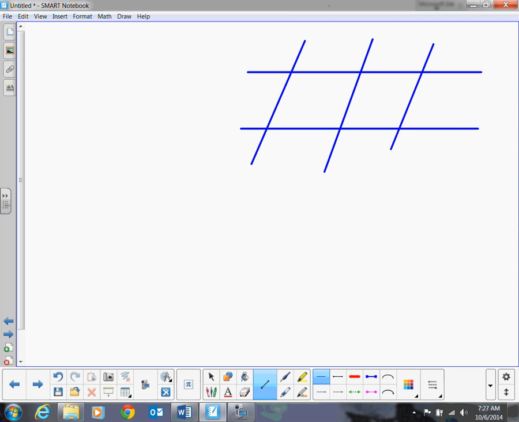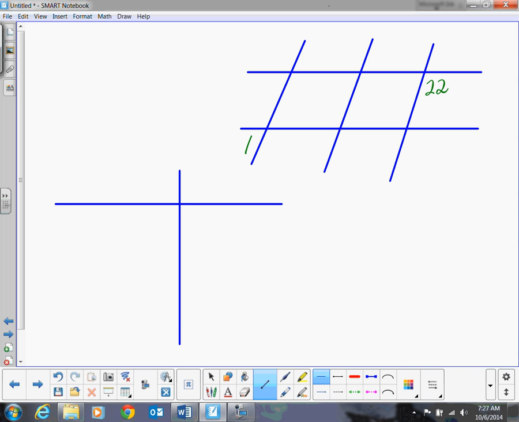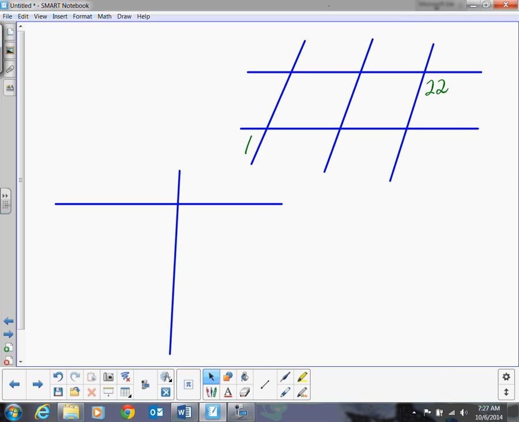So Hope, you tell us where we're going to go, and I'll put the numbers in as we go. We want to prove that angle 1, which is down here, is congruent to angle 22, which is all the way over here. Okay? So when I start my proof, maybe we'll start down here. Where do we begin? Always.